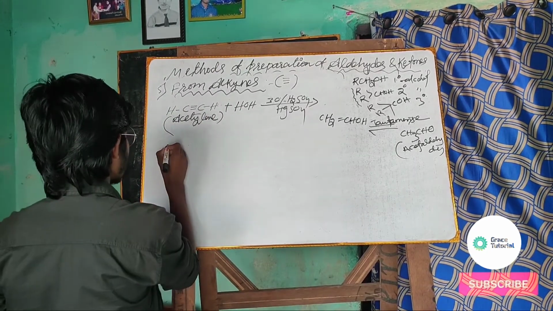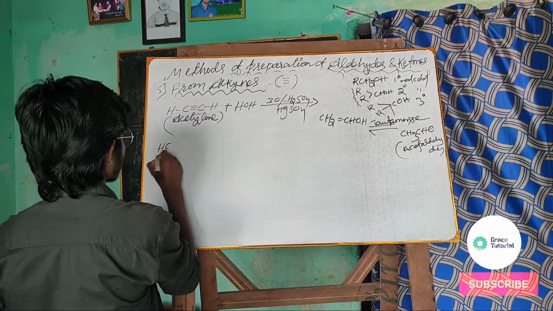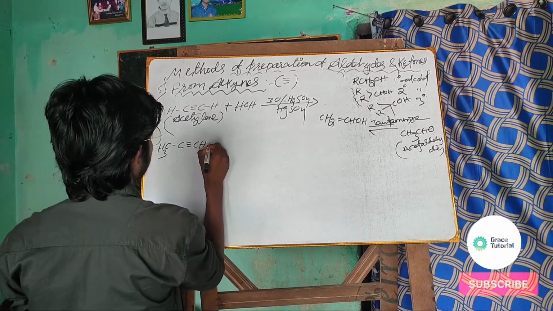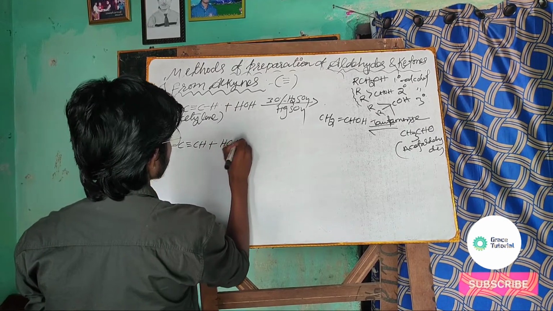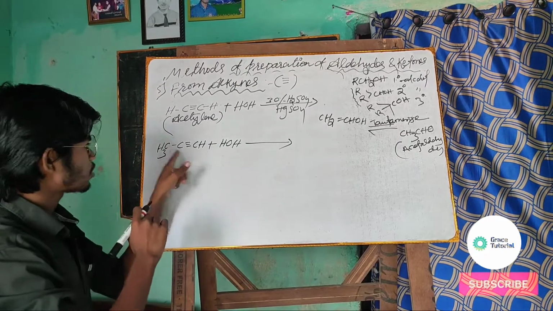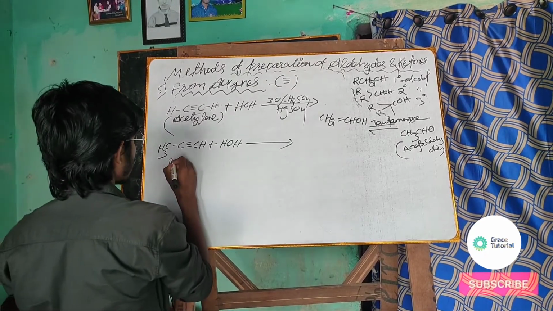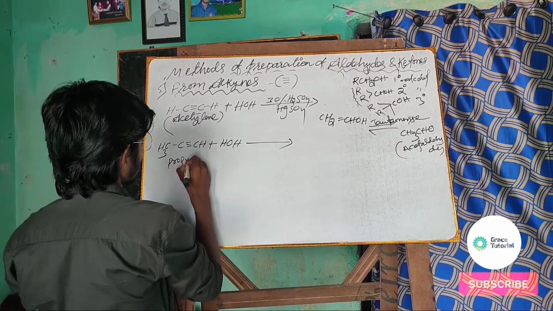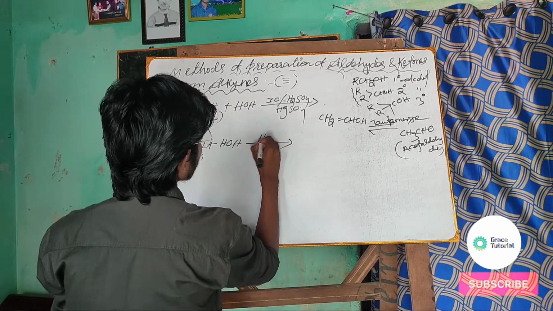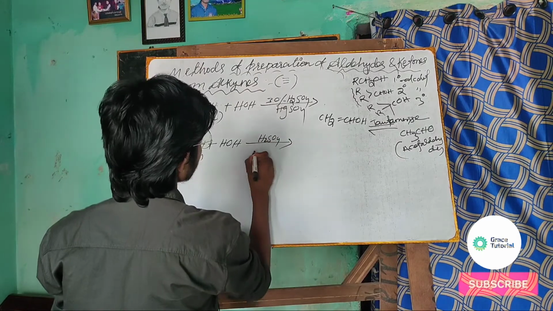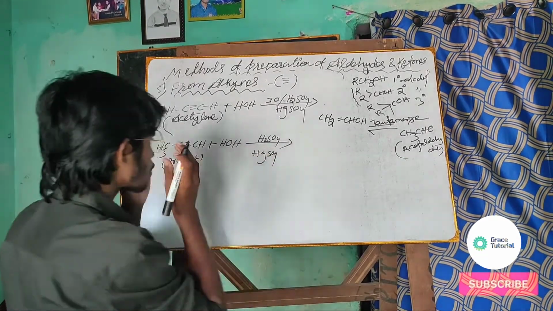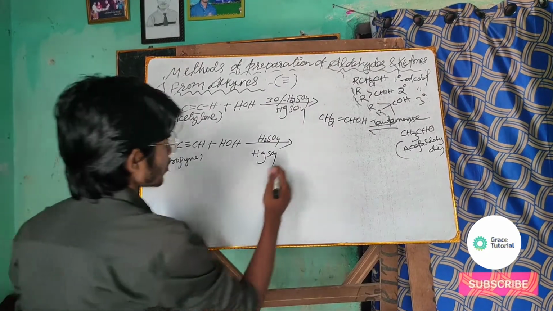But if we take propyne, that means 3 carbons are there, so this is propyne. If we take propyne with sulfuric acid or HgSO4, right, what generally happens here?